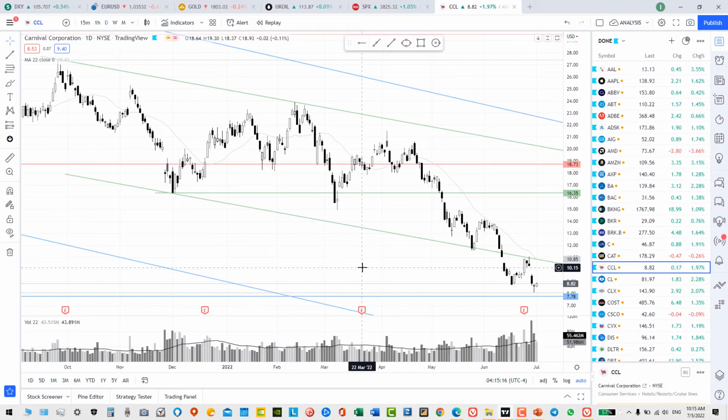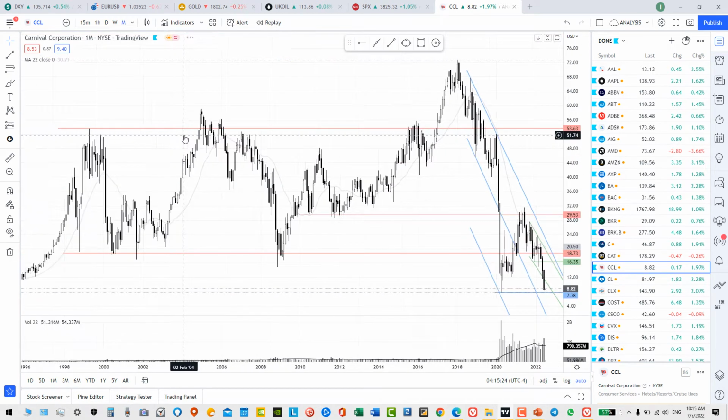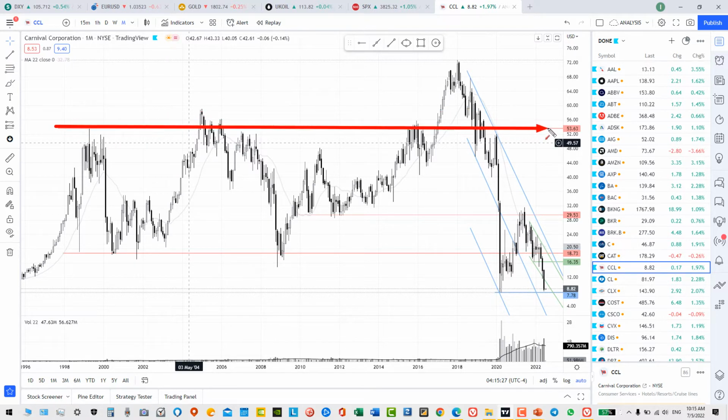First of all, the major structure as usual over the monthly chart, and we have a lot to talk about in this chart. First of all, we can see that there is a time when the stock was moving sideways.